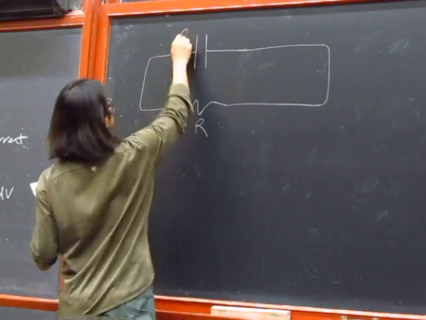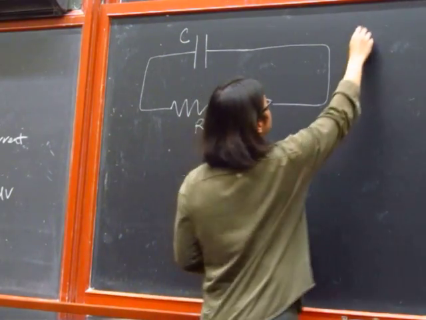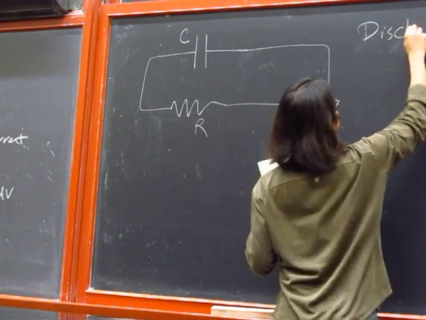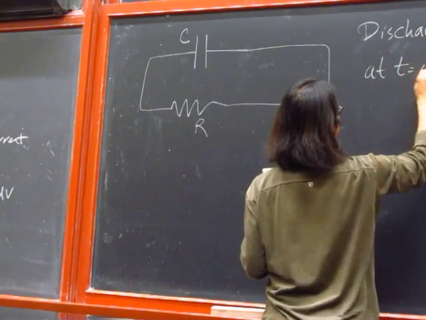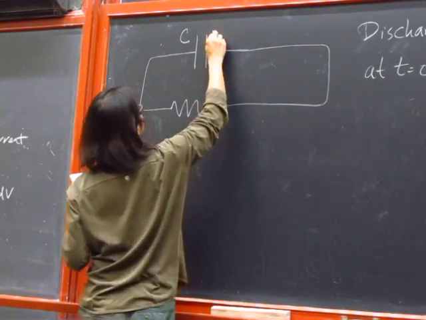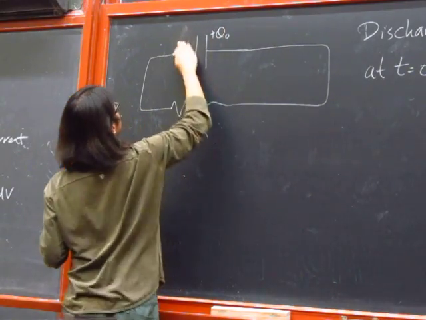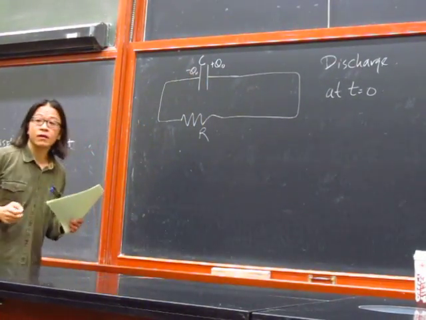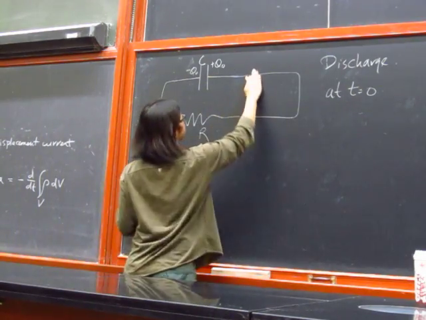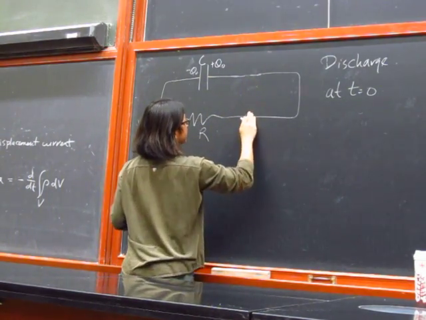Resistor R, capacitor C. So at time equal to 0, we have plus Q naught here, minus Q naught. Okay, so at time equal to 0, you are here.